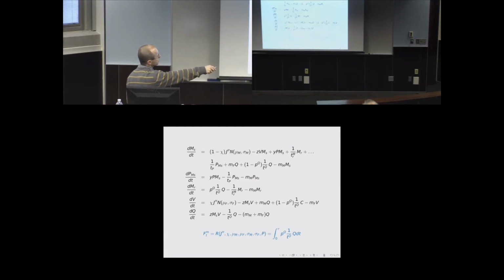Here is the interaction between pheromones and searching males. You can imagine that a male is attracted to a pheromone trap and gets stuck for some time before he recognizes that this is not a female and starts to search again. And the rest are essentially transition terms from one class to another.